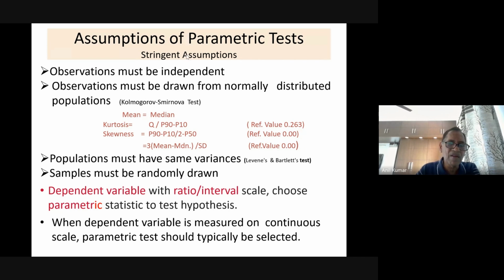And other indications are there. Statistically also you can establish it without going for this particular test. Statistically, if mean, median, and mode are the same, you think of normality of the data. Kurtosis and skewness values are close to reference values.